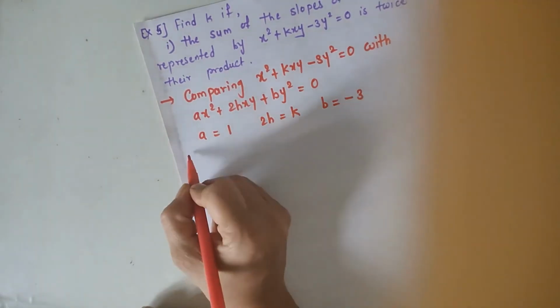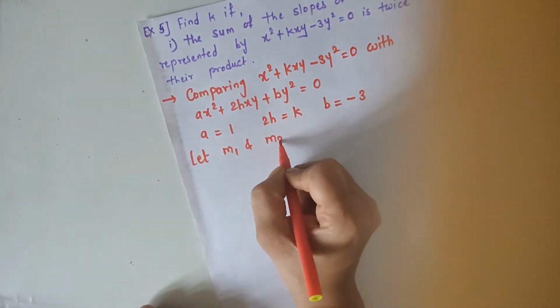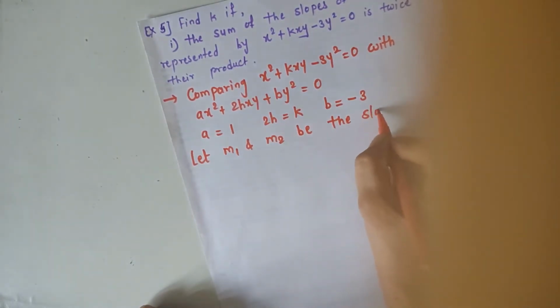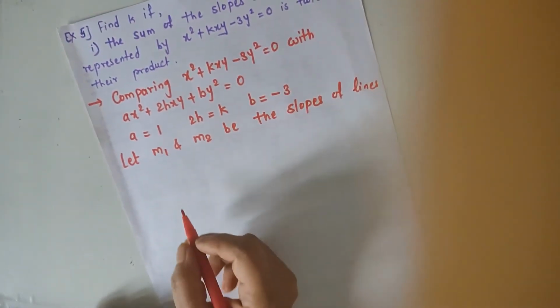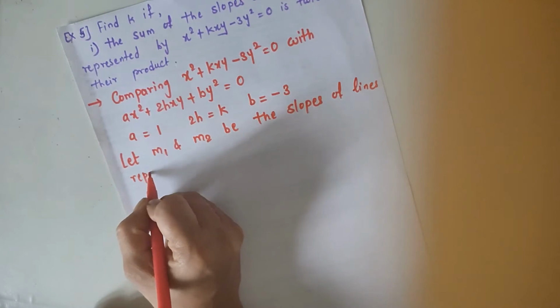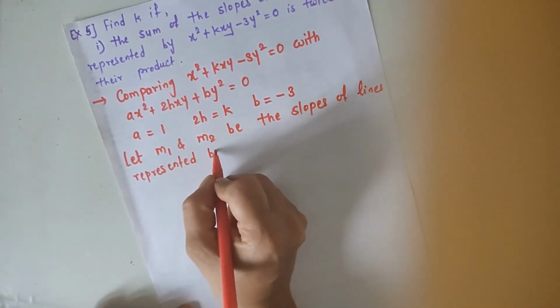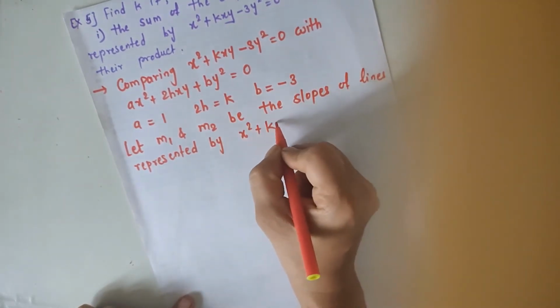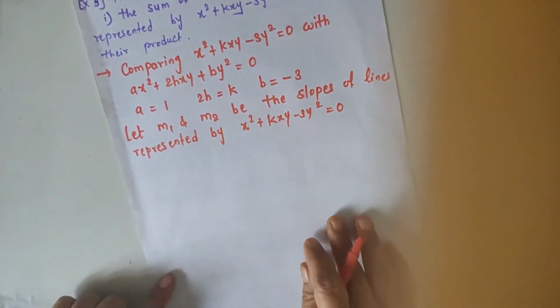So first, let m1 and m2 be the slopes of lines represented by the given equation x square plus kxy minus 3y square is equal to 0.